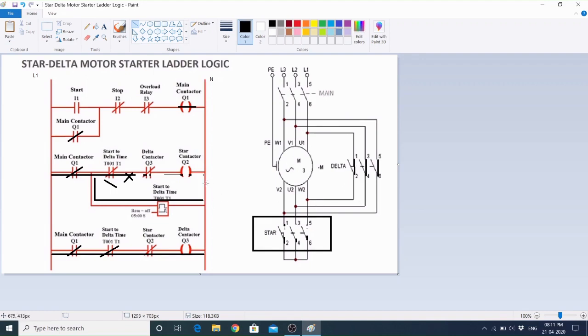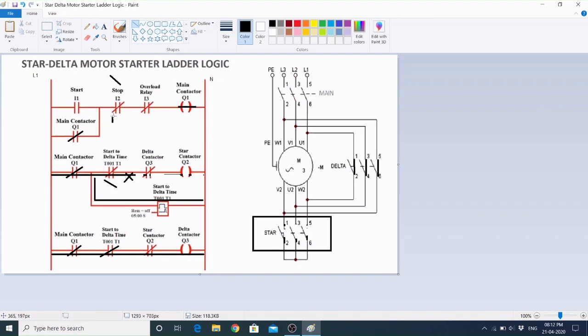Now if the stop push button is pressed, in that case what will happen? I am marking this in opposite connection, that is it is normally open at present.